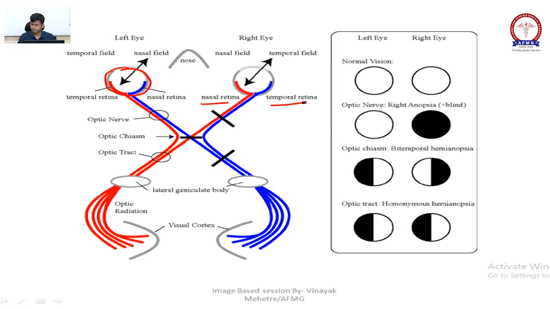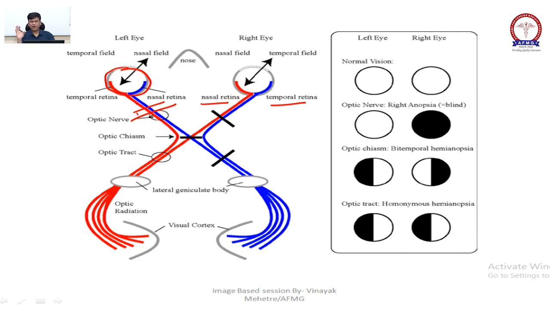Now, if there is damage in the optic nerve, single lesion, suppose my right sided optic nerve is damaged, so there is cut down of temporal and nasal fibers both, right?